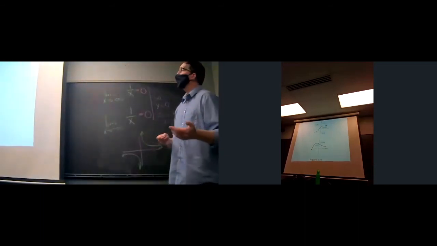Or we could have a case where there's only an asymptote as we approach negative infinity, or that they have different asymptotes. Is everybody cool with this? Or we may just not have an asymptote at all. So we have to check both cases, as x approaches infinity and as x approaches negative infinity.